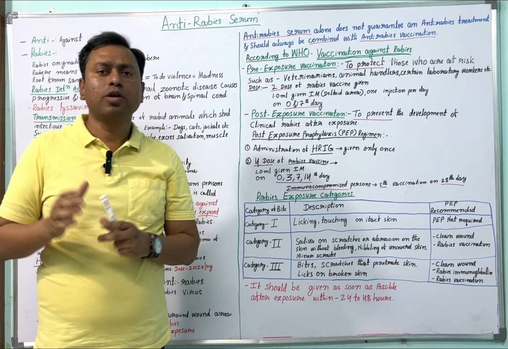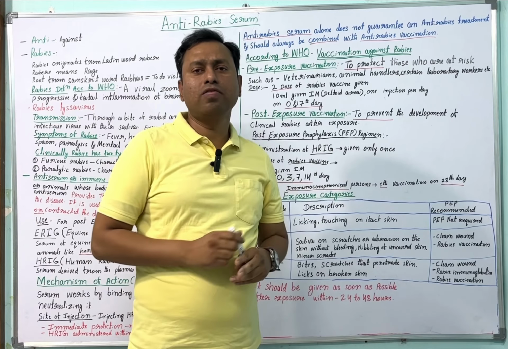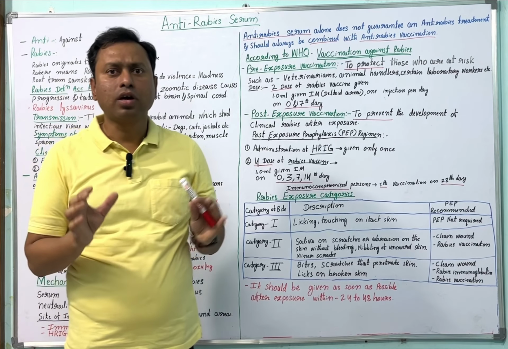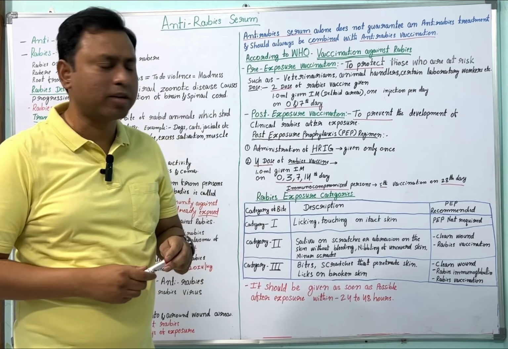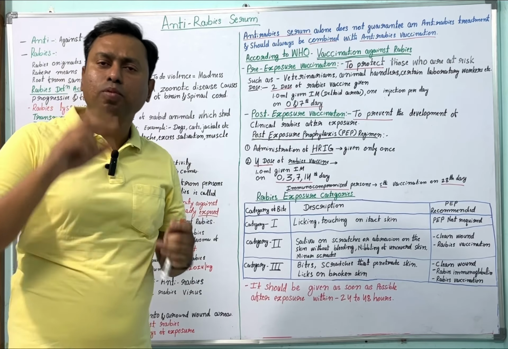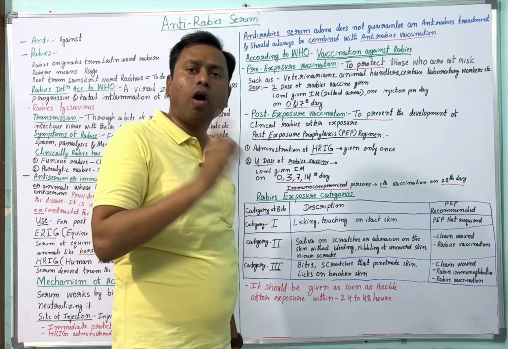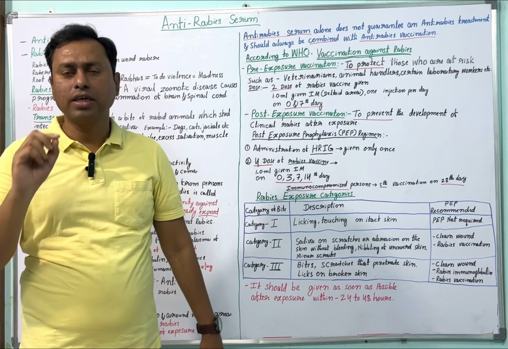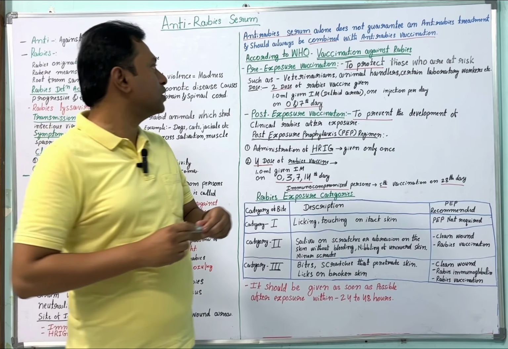It is the ready-made antibody we are giving, that is passive immunity, but it is not a complete treatment. We have to give both the anti-serum along with the vaccination, and then only it is considered a complete treatment of rabies.